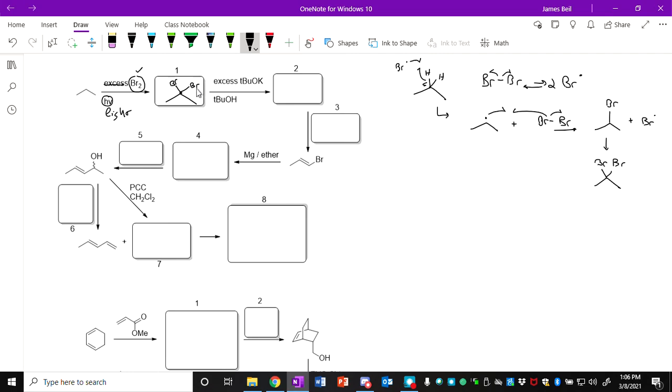All right, so now the next step is adding a strong base. And so the tert-butoxide here, we expect to do an elimination. So on this structure, if I treat that with a tert-butoxide, it needs to pick up a proton to balance its charge. And so if a proton is picked off to push out a bromine, that would make an alkene.